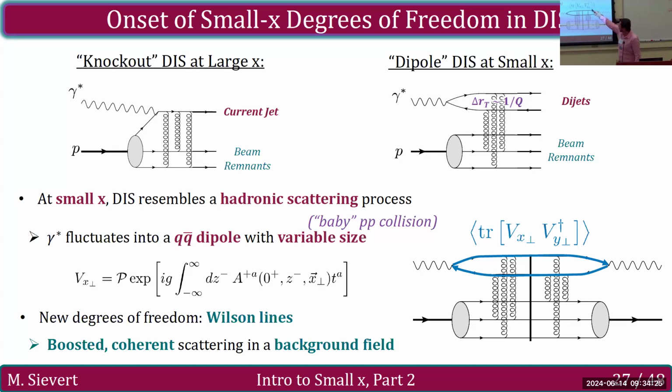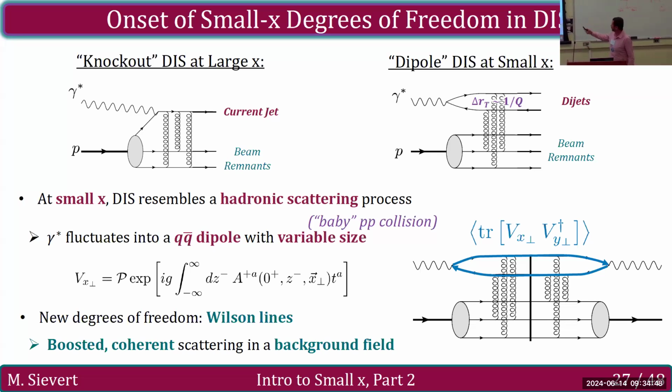In this case, I pay an extra factor of alpha for my splitting, but then my interaction is mediated by gluons, which is all leading power in x, as we showed yesterday. So this process is leading order in alpha, but suppressed with x. This process is leading order in x, but suppressed in alpha. And as x becomes small, that x suppression is far more important than any suppression by alpha.